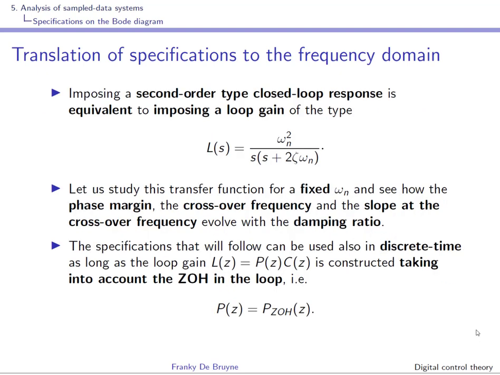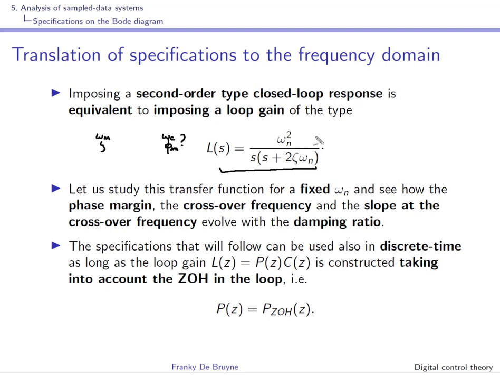So what we'll do right now is impose this second order type closed loop response. We know that this is equivalent to imposing a loop gain that is like so. We know that the specifications will produce a certain omega n and a zeta. So the question is, in our frequency design, how can we find omega c and how can we obtain the phase margin?